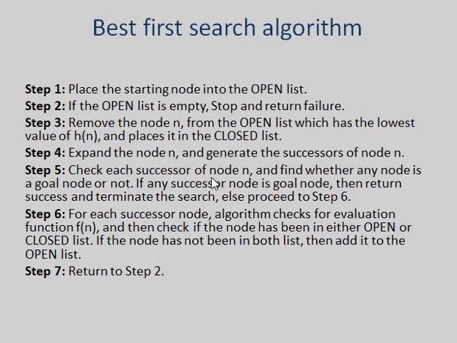That means, is it the node that you are actually searching for? If any successor node is a goal node, then return success and terminate the search. Otherwise, proceed to step number 6. For each successor node, the algorithm checks the evaluation function f of n.